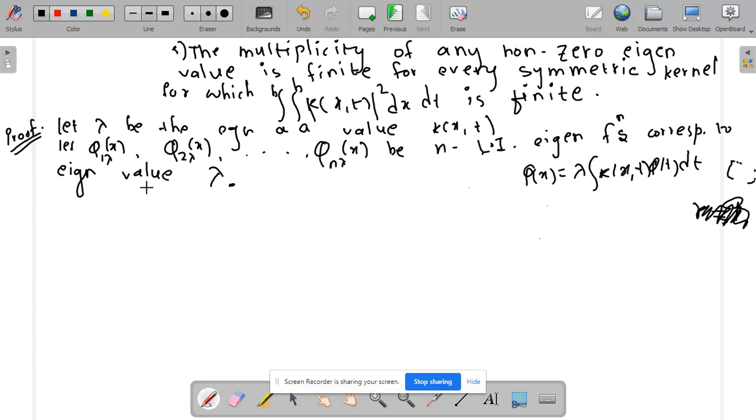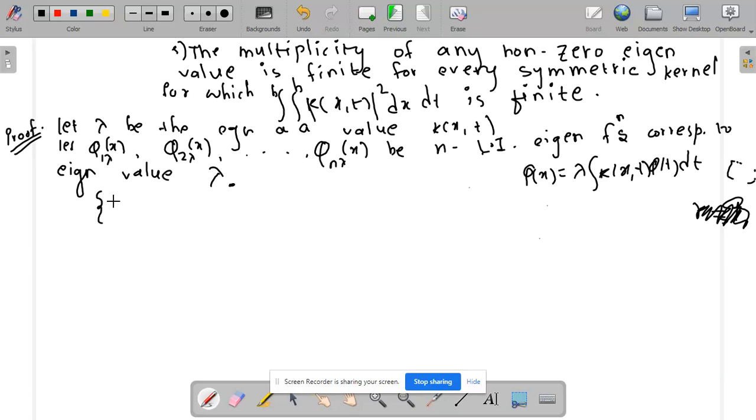Then you already know that if we have some linearly independent set, which is also orthogonal, then by using the Gram-Schmidt orthonormalization process, we can convert this set to the other set.